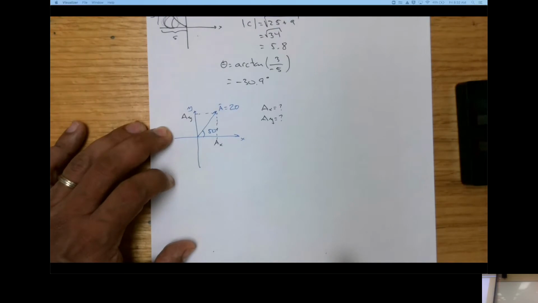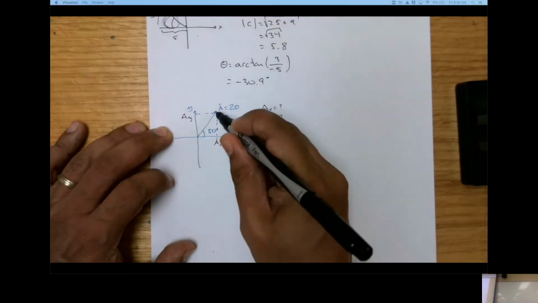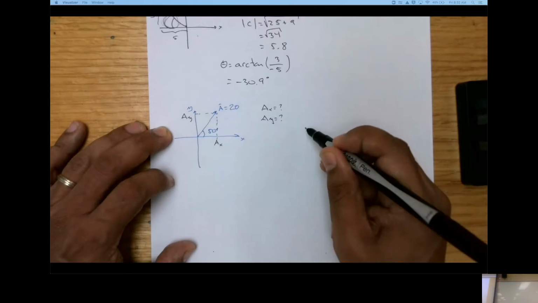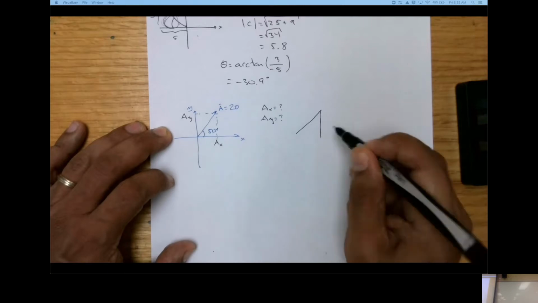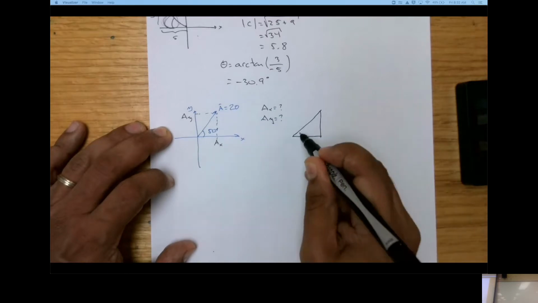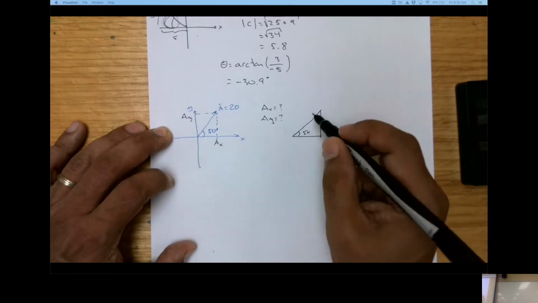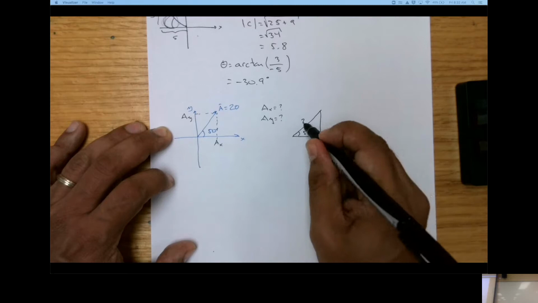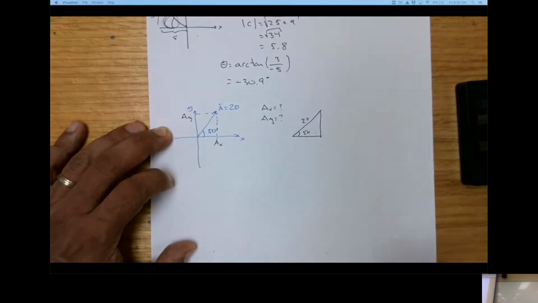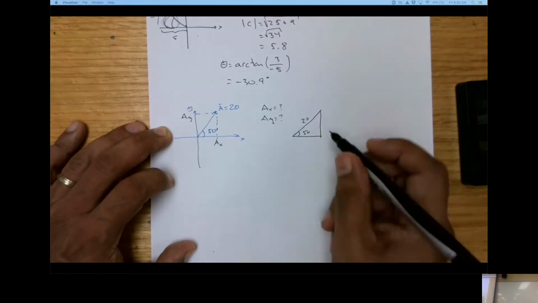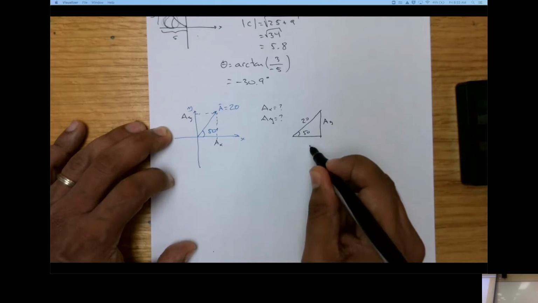It's just basic trigonometry. If we look at this vector, it makes a right triangle with the x-axis. This is 50 degrees, and the magnitude is the hypotenuse, so this is a magnitude of 20 units, whatever units we're working with. So how do I calculate the y component and the x component?